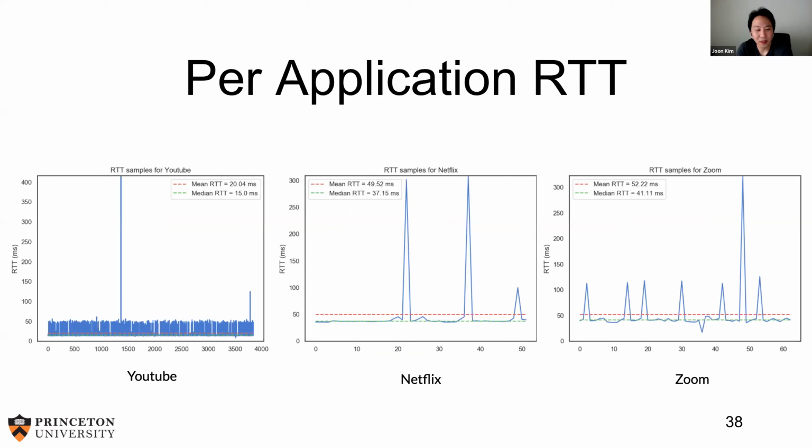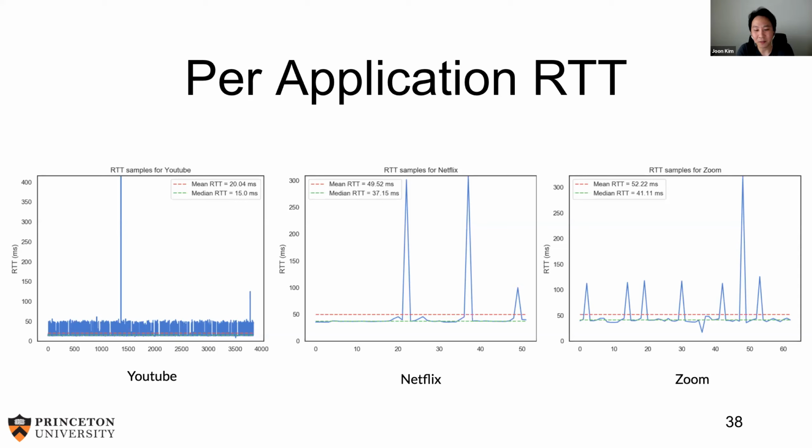So these are some really fresh graphs coming out right now. Even today, some graphs are coming out. These are some examples of P4-RTT giving out some RTT samples. So you can do some per application RTT measurement, for example. You can say we look at YouTube and it looks quite good, right?